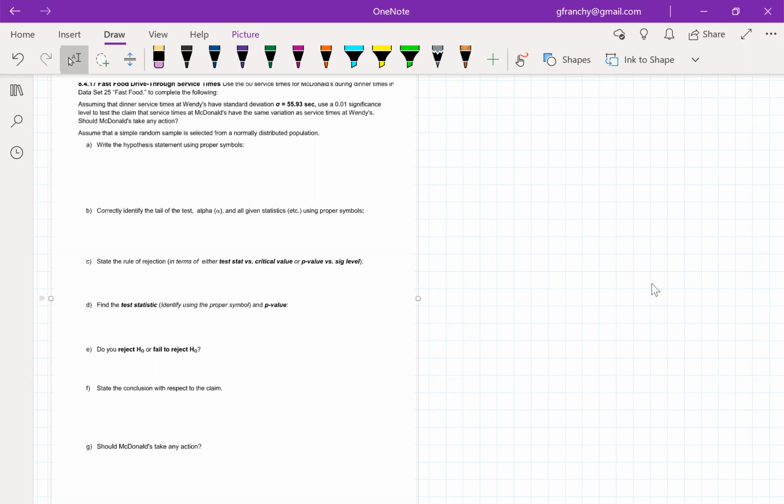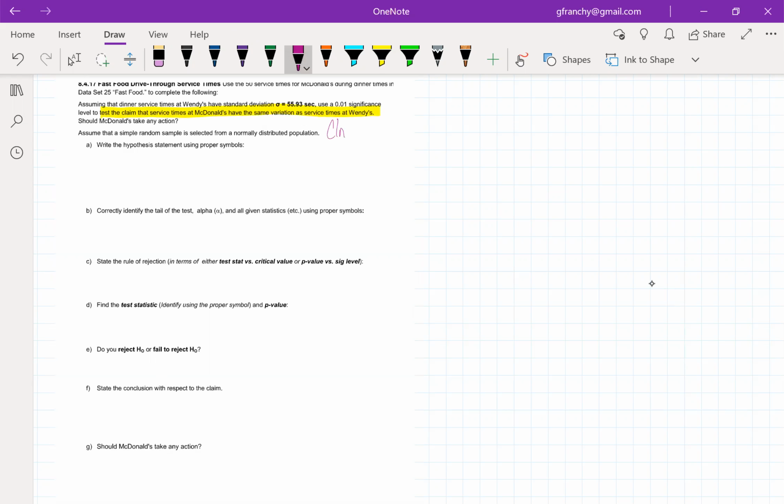And then the interpretation question, should McDonald's take any action? So we'll address that after completing the hypothesis test. So first thing that we're interested in here, what is the claim?